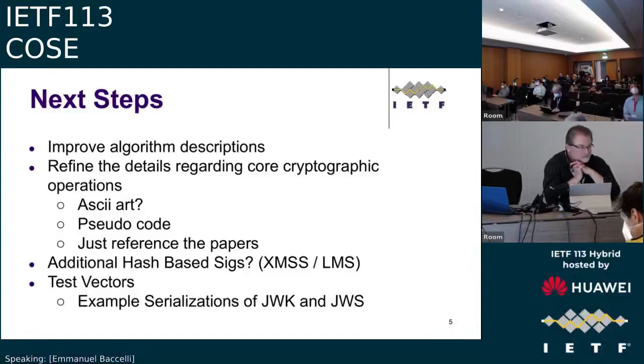At least in the very constrained case, some of these signatures might be less appropriate than others due to their size and things like that. So maybe clearly separating this use case of very constrained devices might make sense.